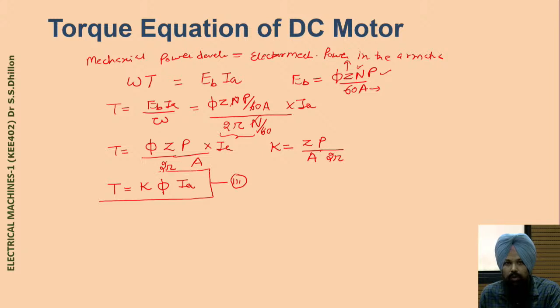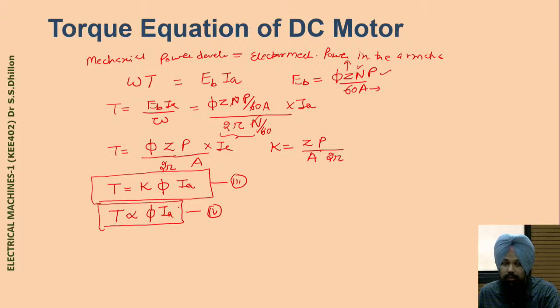Okay, now you can see over here what we have is the torque equation, and in some of the books we can generally see torque is directly proportional to phi into Ia. So we can also represent it in this form, torque is directly proportional to phi into Ia.